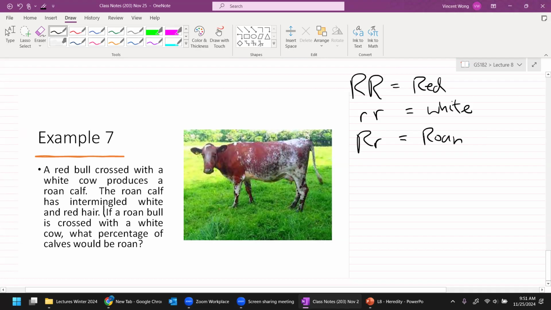Okay, so here we go. If a roan bull is crossed with a white cow, what percentage is going to be roan? Please do that quickly. I will come and give you a pre-score review, okay?